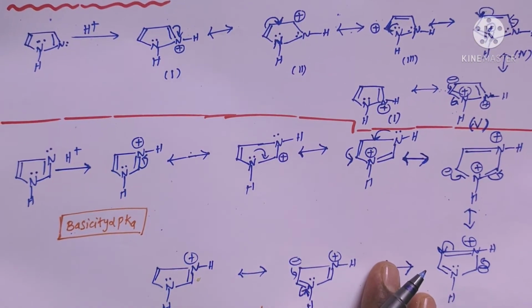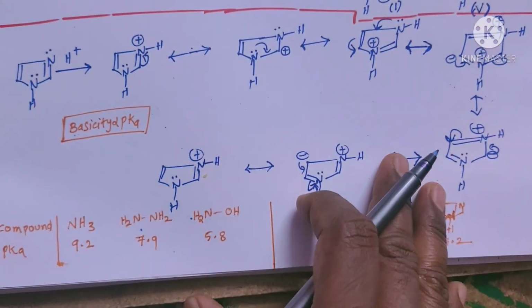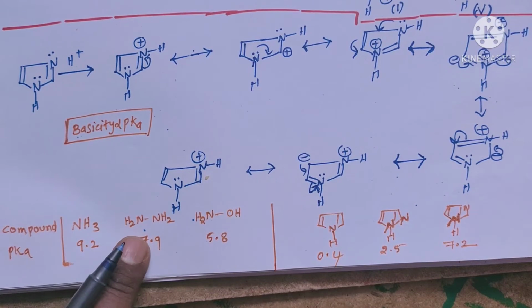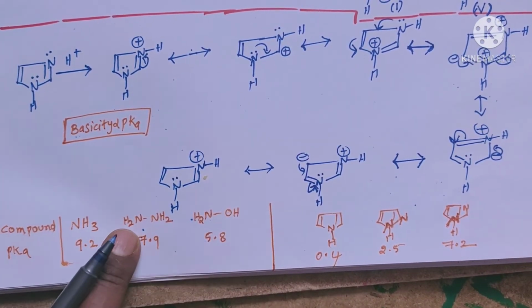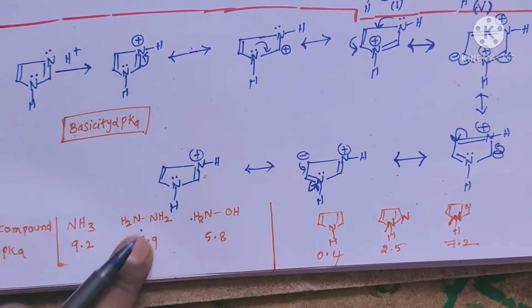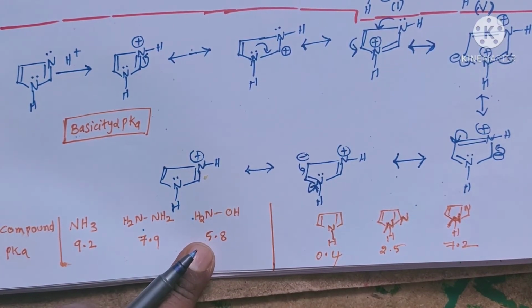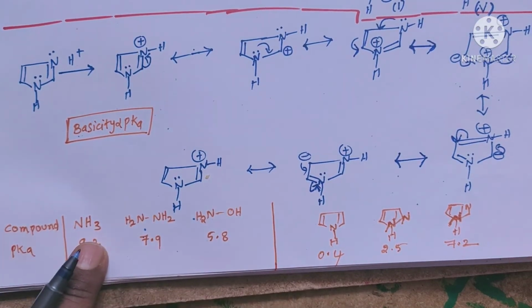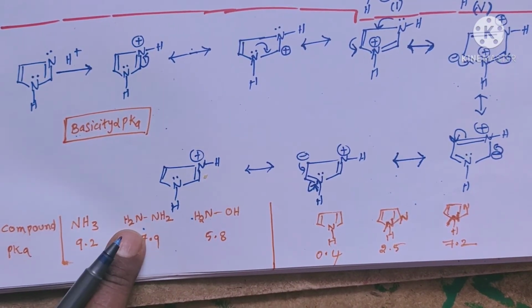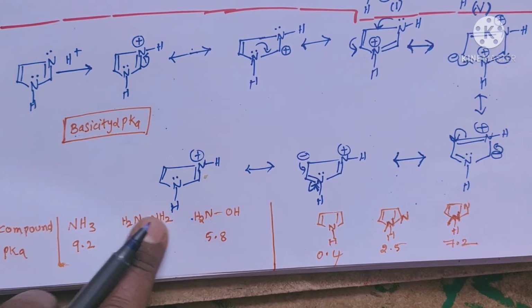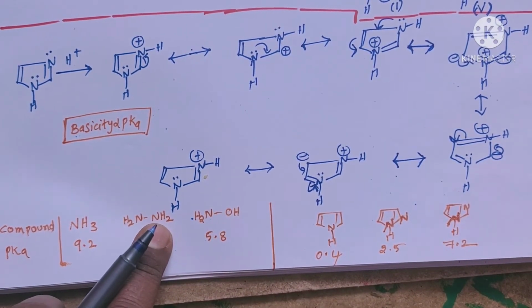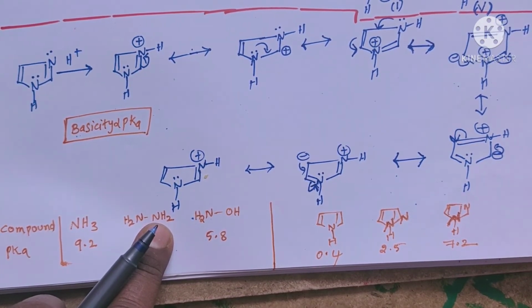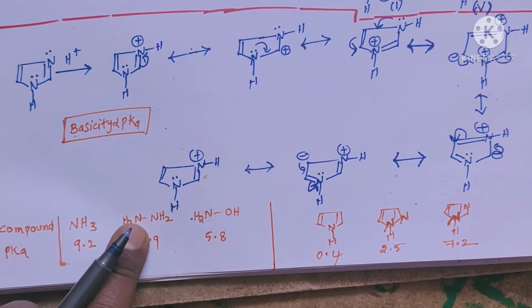Here we can easily understand this fact by looking at this data. Look here, ammonia pKa value is 9.2, hydrazine pKa value is 7.9, hydroxylamine pKa value is 5.8. In ammonia only one nitrogen is there, whereas in hydrazine two nitrogen atoms are there in adjacent positions. So the electronegativity of one nitrogen atom withdraws the electron pair of the second nitrogen atom.